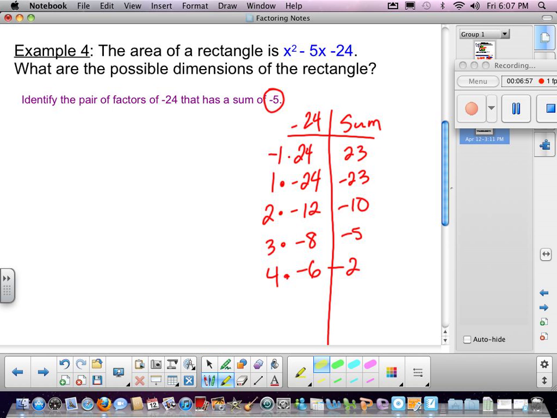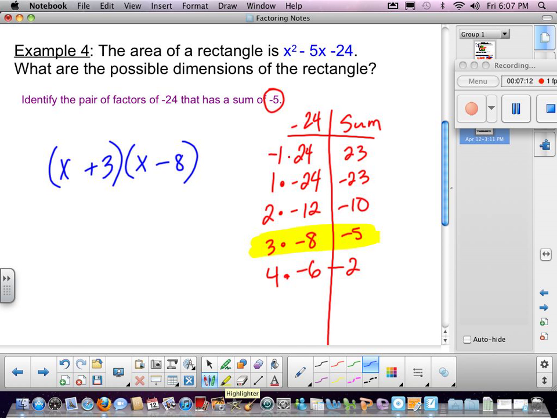The ones that give us a sum of negative 5 are going to be 3 and negative 8. So when we list this out, it'll be x plus 3 and x minus 8. So the possible dimensions are given by x plus 3 and x minus 8.